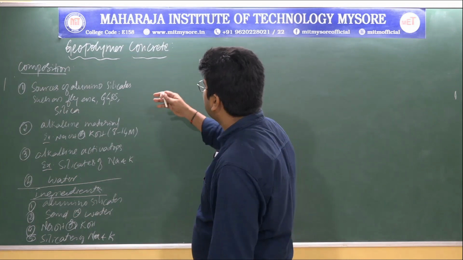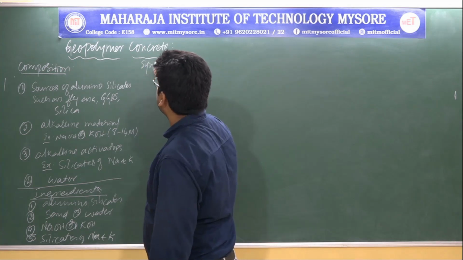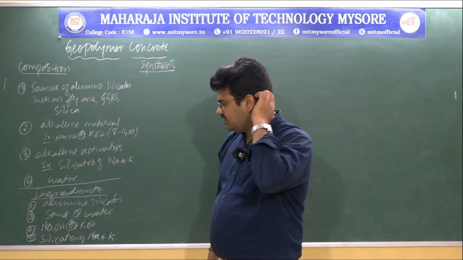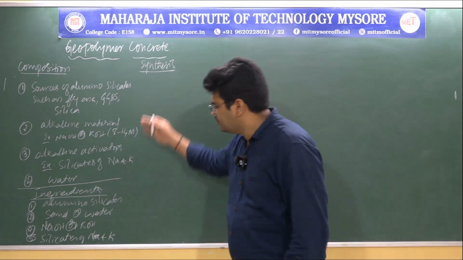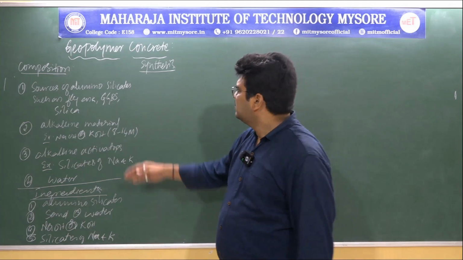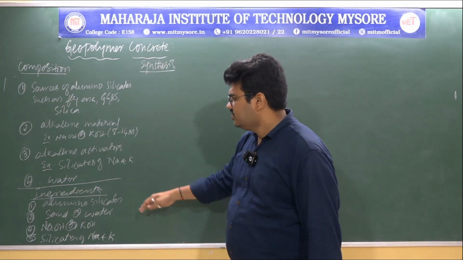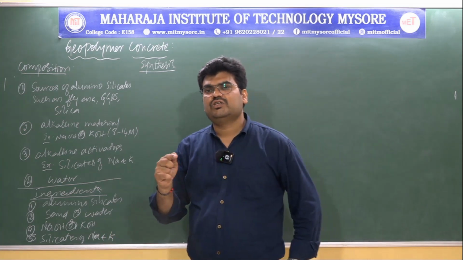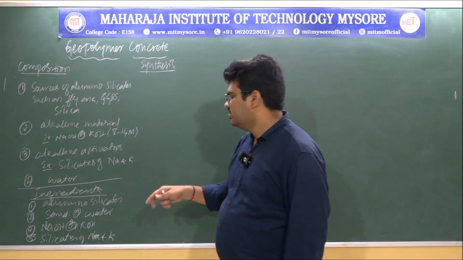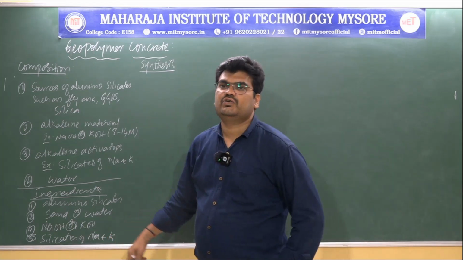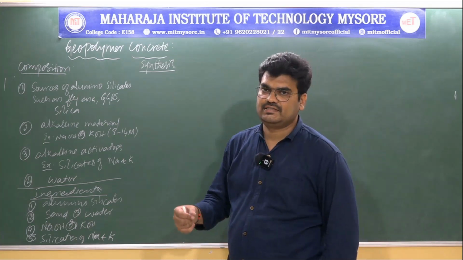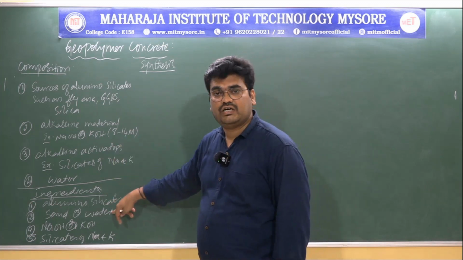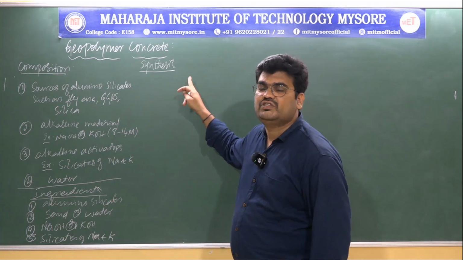So now let us see how one can synthesize this geopolymer concrete. Let me explain the process first. In the synthesis of geopolymer concrete, we have to take an alkaline solution, NaOH in the concentration of 8 to 14 molar, and mix it in a proper proportion with the silicates of sodium, such as Na2SiO3.